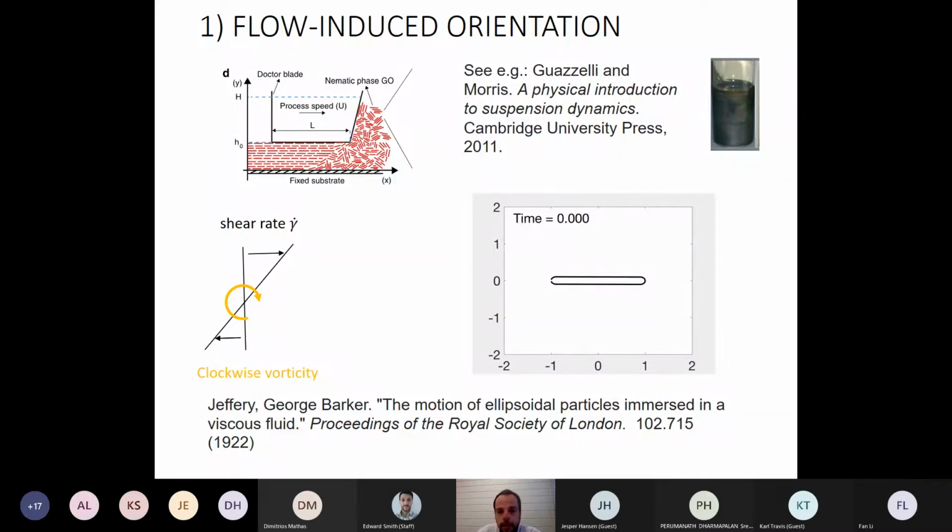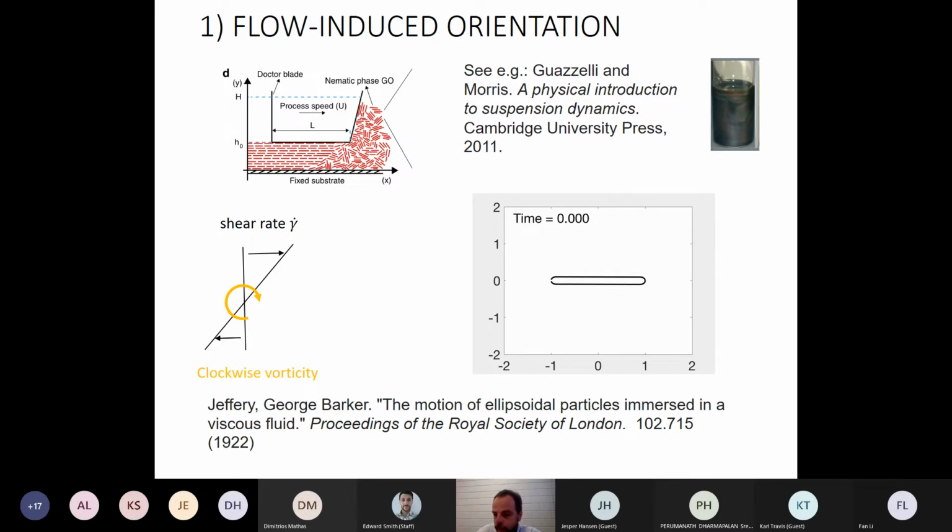So I will start with the flow-induced orientation because it's a topic that I dealt with for quite a long time. Many of you will know that if you suspend elongated particles, whether they are rods or platelets, in a liquid, and you apply shear, then you say that the particles will align with the streamlines. Well, this is true, but it's not precise.